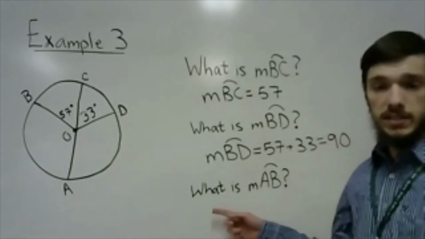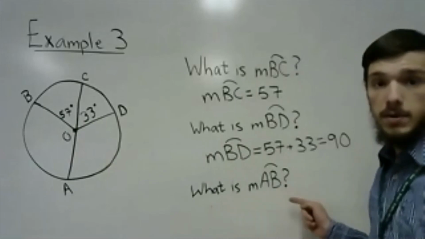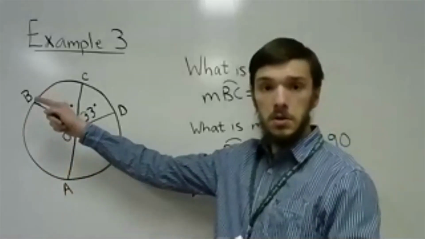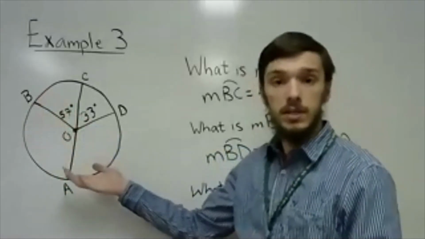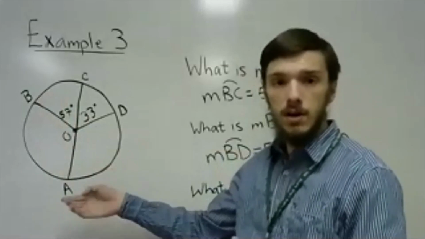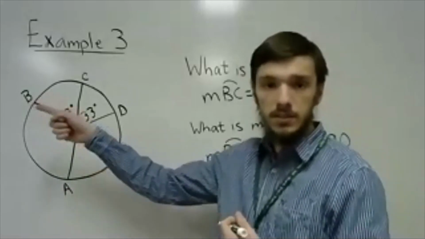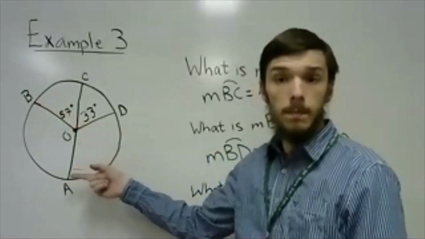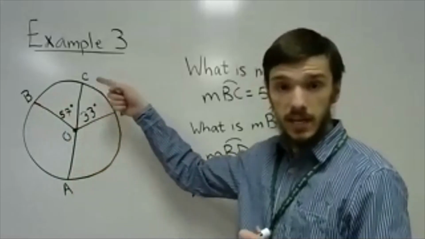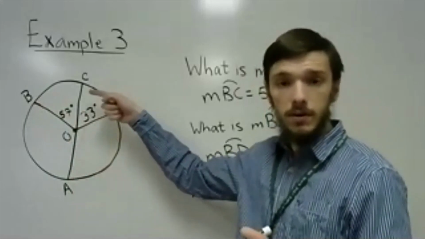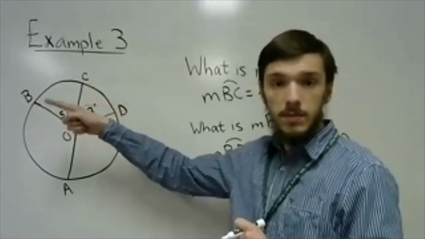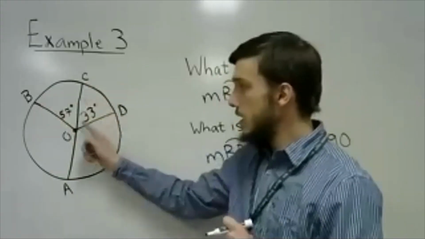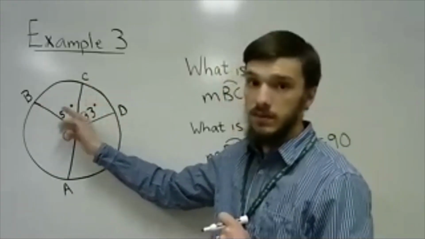And our third question is asking, what is the measure of arc AB? Over here we've got AB, which is a minor arc because it's less than a semicircle, but we don't have the measurement for the central angle AOB. How could we find that? Well, since AC is a diameter, we know that the measure of angle AOB will be 180 minus 57.